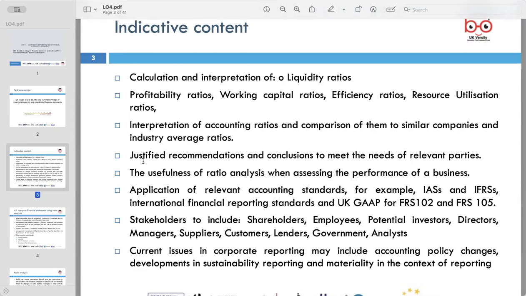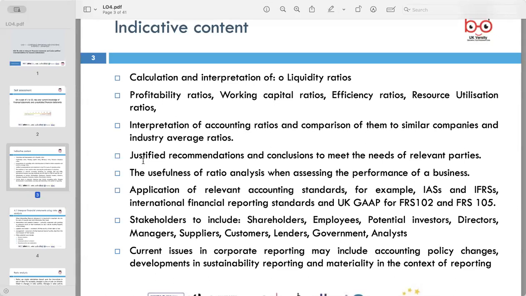Application of relevant accounting standards, for example, International Accounting Standards, IAS and IFRS, the International Financial Reporting Standards, and UK GAAP, FRS 102 and 105.